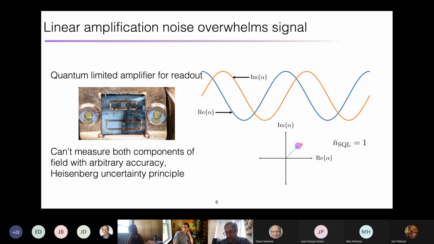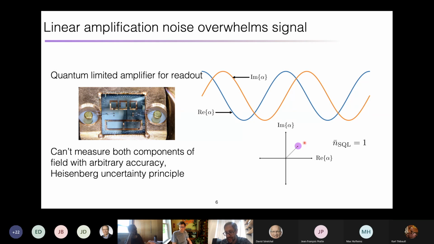At low frequencies, if h bar omega is much less than kT, this is not such a big deal because there's already a lot of noise. In the regime that people are currently searching with ADMX and other experiments, they're in that regime right now.